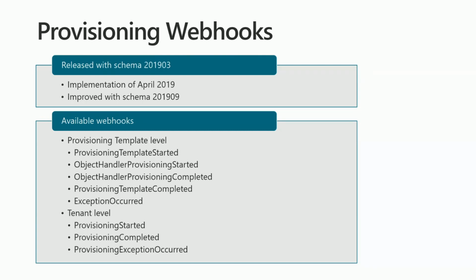But we also introduced in the 2019-09 schema, and we are going to release them in the engine next week, 3 more webhooks for being notified when the provisioning of a tenant level template of a hierarchy of sites starts, completes, or if there is an exception while applying a tenant level template. What do I mean?